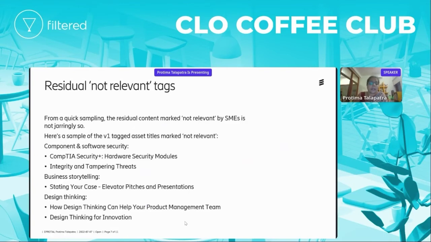For design thinking, we had courses like design thinking for product team management. Again, possibly at that point in time, with the focus that the subject matter experts were looking at, they did not really make sense. So this is what we got as a residual set of tags.